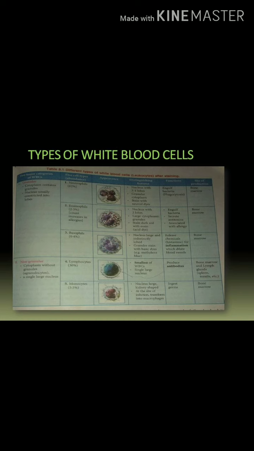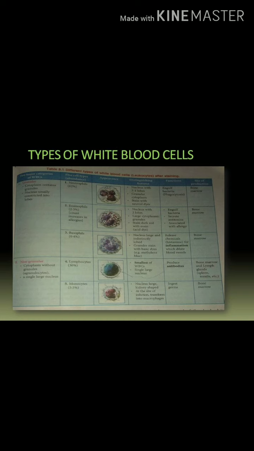In the granular WBC we can see three types: neutrophils, eosinophils and basophils. Neutrophils have a nucleus with 3 to 4 lobes, eosinophils have a nucleus with 2 lobes, and basophils have a large and indistinctly lobed nucleus, meaning we cannot identify the lobes properly.